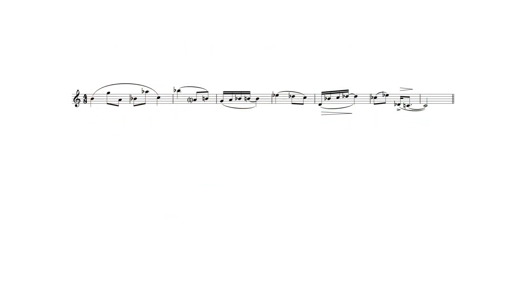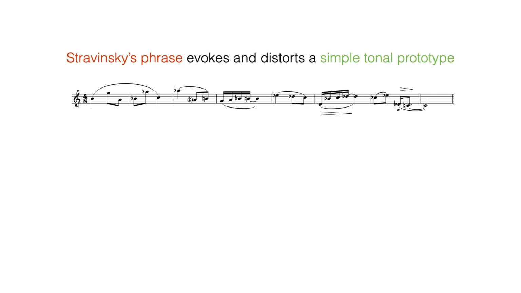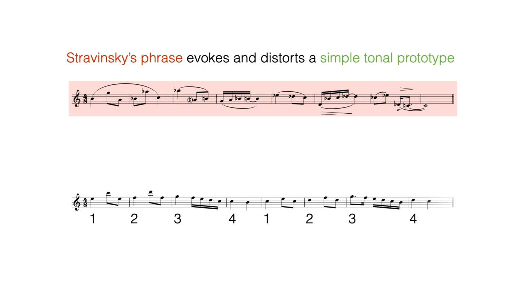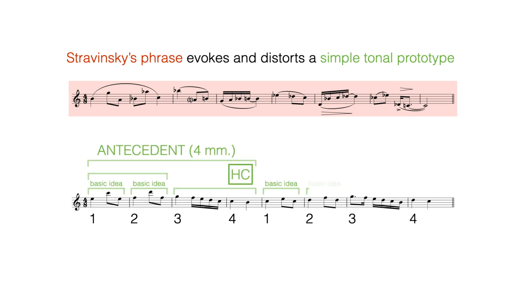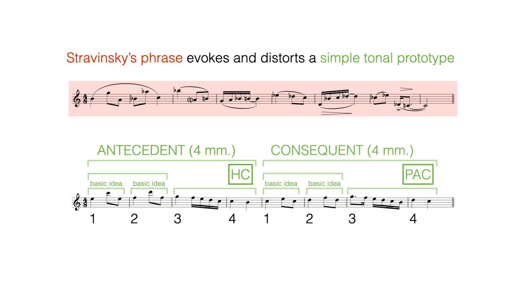The music not only conceals its four-note serial organization, but it also seems to evoke and contradict a simple tonal prototype in C major, with a four-measure antecedent phrase and a four-measure consequent phrase. Stravinsky's melody toys with this implicit conventional prototype, rushing ahead or holding back, and thus deforming the regularities and symmetries of the prototype.